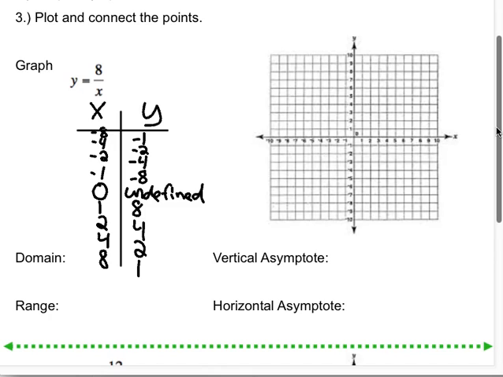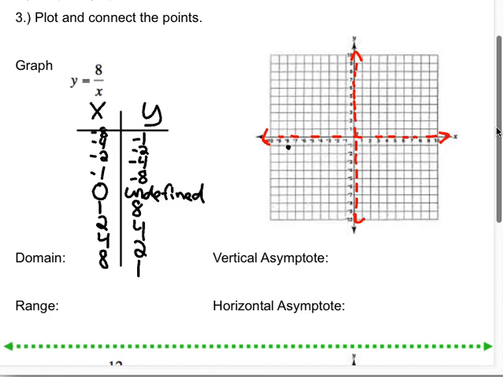However, first I'm going to put on my asymptotes, because when there's no shifting, my asymptotes are going to have their homes at 0. So I'm just going to put those on right away before I even start plotting points, because I know they're going to be there. Now let's plot some points.